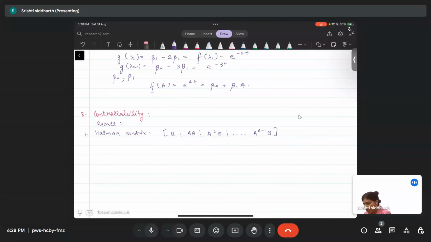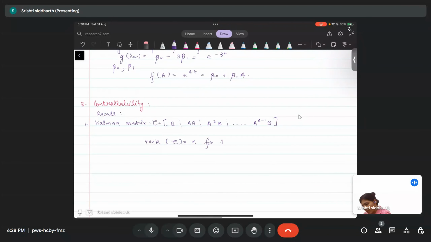Okay, so this is the controllability matrix. The rank of this controllability matrix should be n for the pair A, B to be controllable.